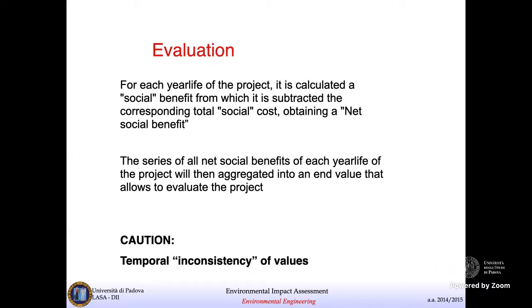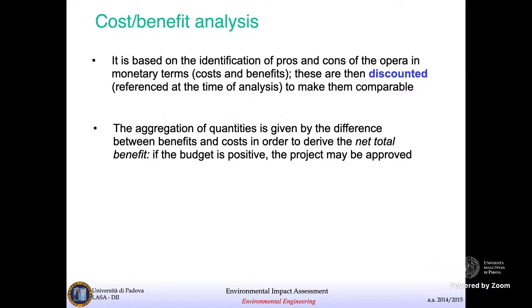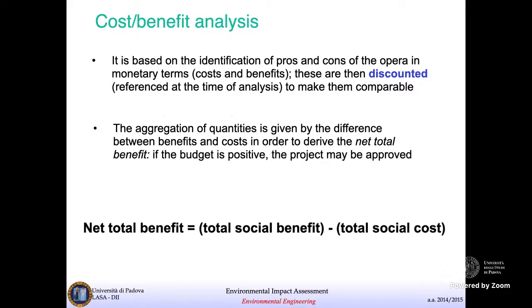And this is a net social benefit calculated year by year for the lifelong of the project. The series of all net social benefits of each year of the life of a project will then be aggregated to an end value that allows evaluation of the project. The typical end value that we have introduced here is, for example, the net total benefit.